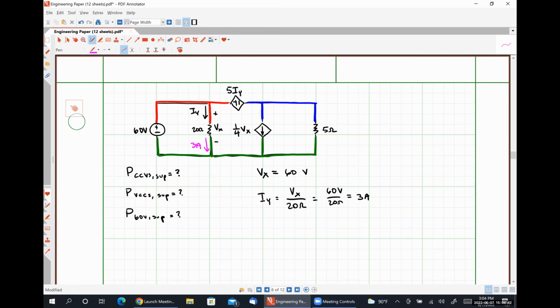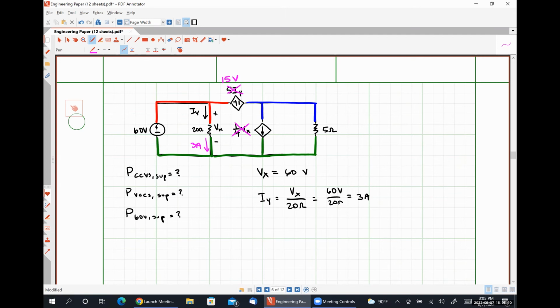Now, since I know that IY is 3 amps, this 5 IY dependent source is now a known quantity, right? 5 times 3 is 15 volts. And similarly, since I know Vx, this is no longer behaving like a dependent source.